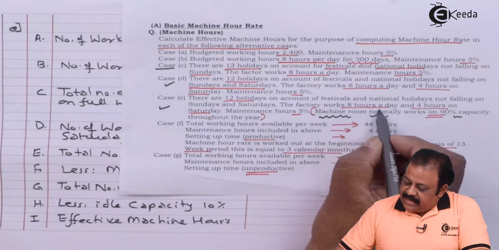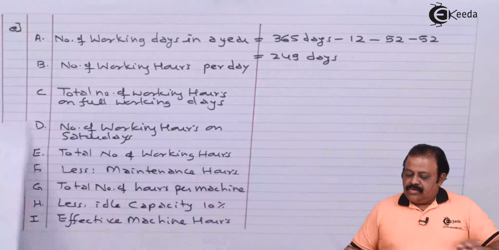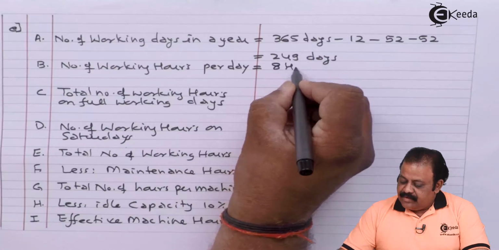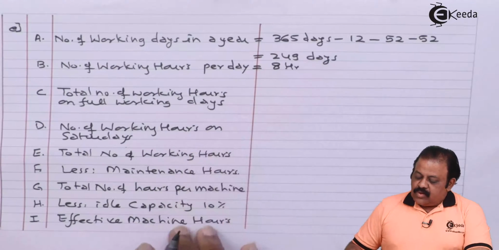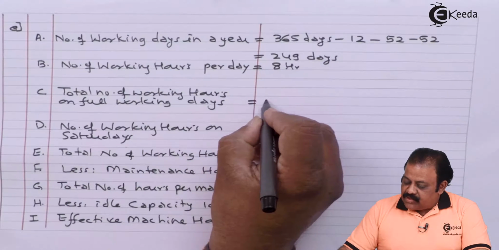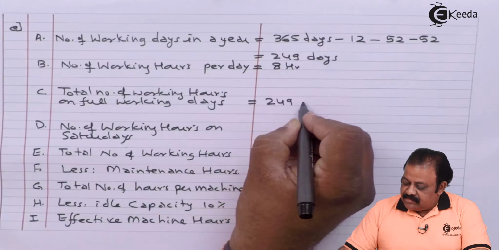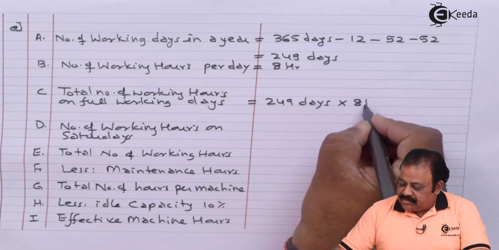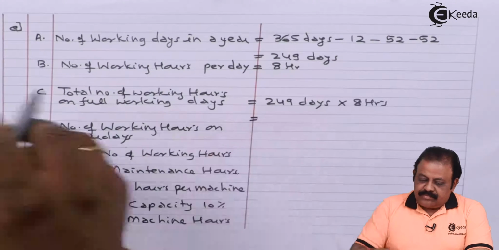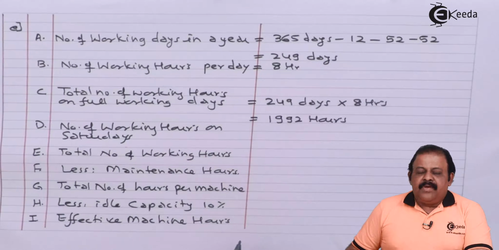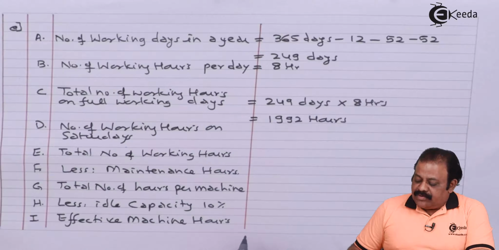The factory works 8 hours a day. So total number of working hours on full working days, that is 249 days multiplied by 8 hours. It will be 1992 hours.